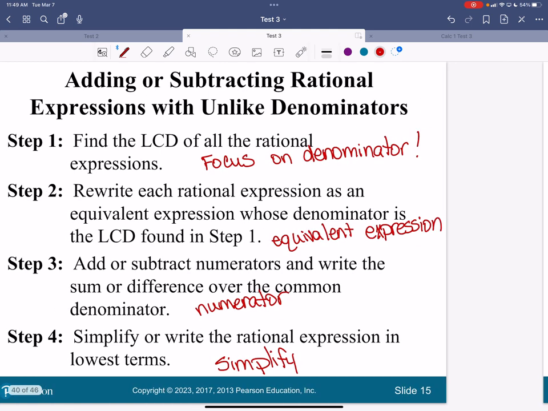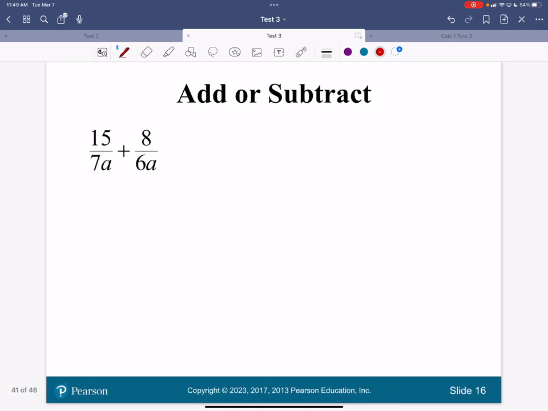Okay. So, first thing that we want to do is find our common denominator. So I am going to focus on the denominators. So I have 7a and I have 6a. Now 7 is prime and we just have a. 6 will break down. What does it break down to? 2 and 3. And then I have an a.